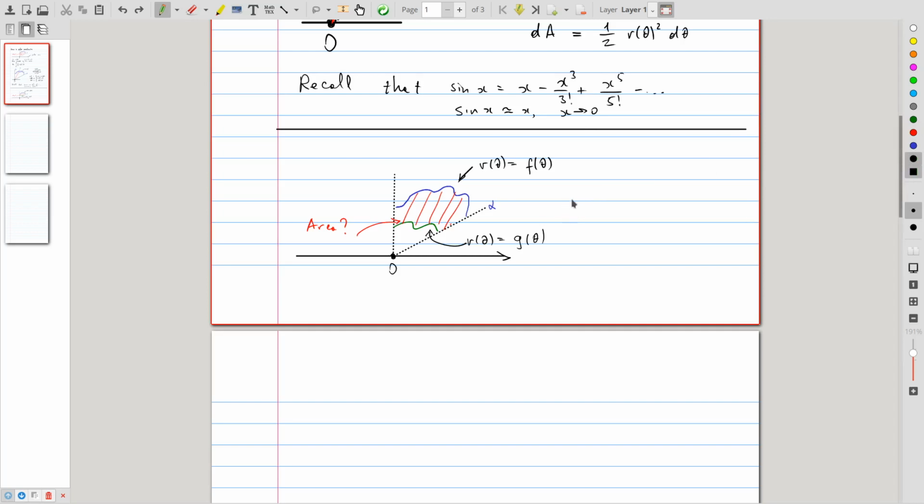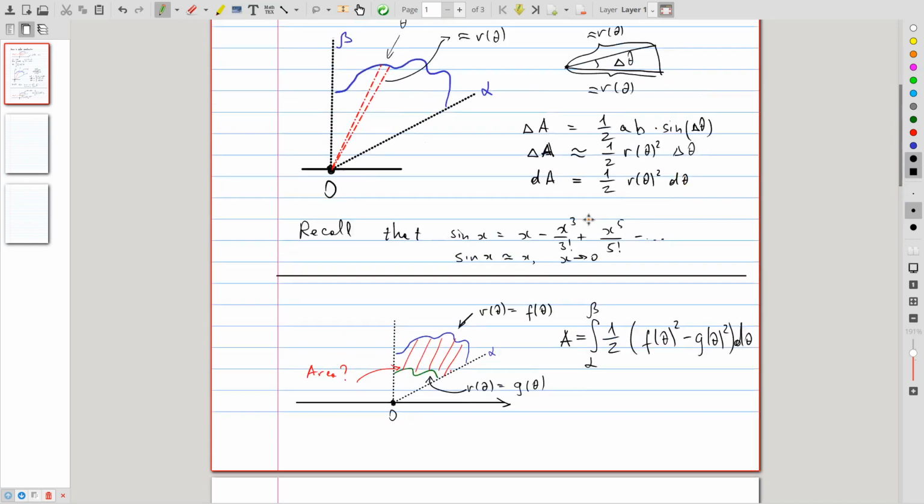So this allows us to obtain the following formula. We'll get that the area dashed in red here is the integral from alpha to beta, 1/2 f of theta squared minus g of theta squared d theta.